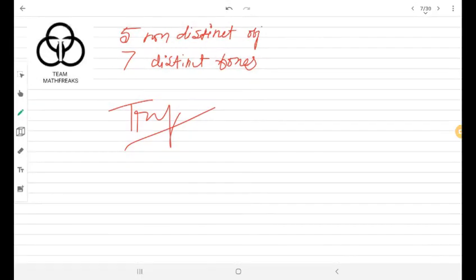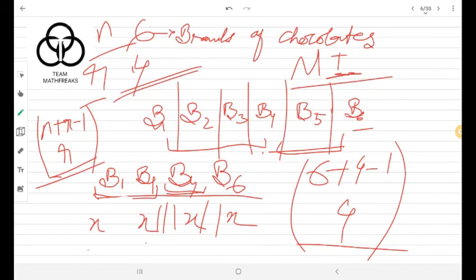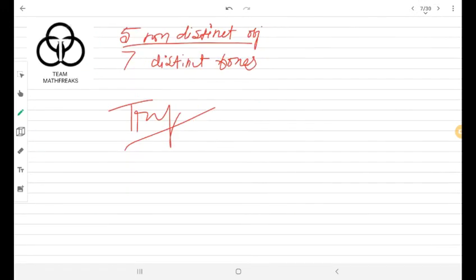Let me solve it. 5 non-distinct objects, let them be candies, and 7 brands.